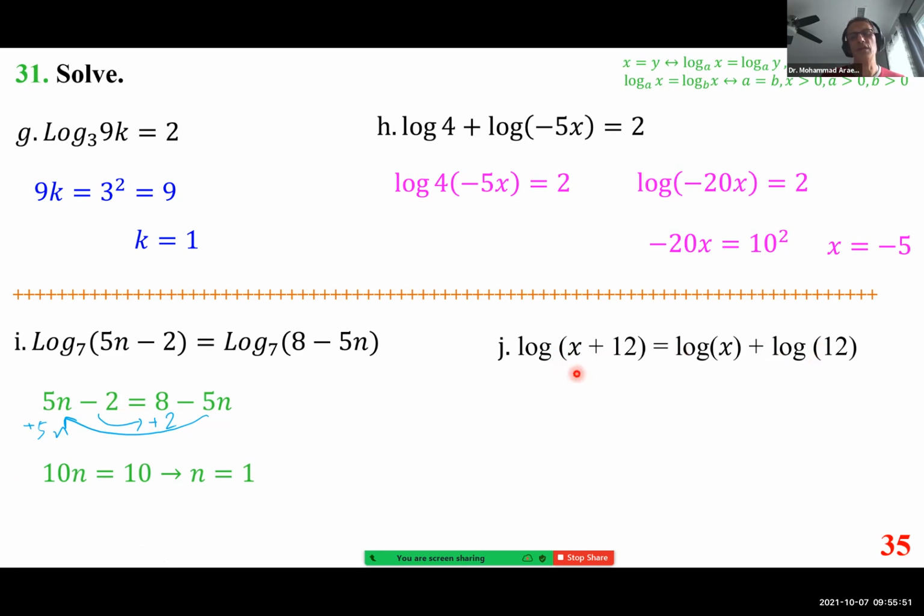We notice both sides have logs. So on the left side, we have a single log and we're done. On the right side, let's put them together into a single log. So x times 12 gives us 12x. Now both sides have single logs. Therefore, the argument of the left, which is x plus 12, is equal to the argument of the right, which is 12x.